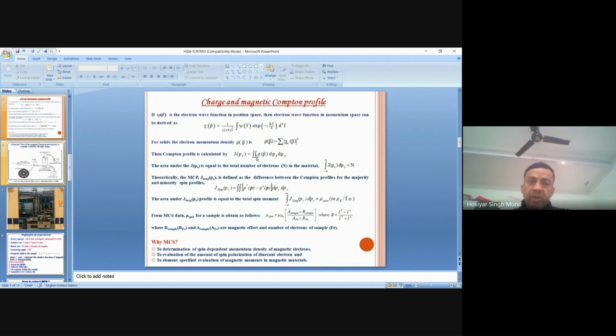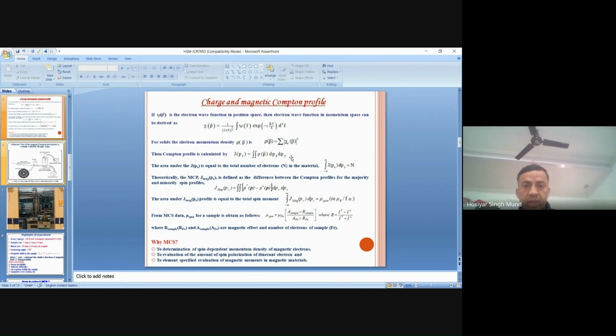Now, if we calculate the area under the curve of this Compton profile, it gives the total number of electrons of that system. It means this Compton profile gives us the total information of the charge within the system. This is known as the charge Compton profile. But we know that electrons are present as spin up and spin down, or majority and minority electrons.